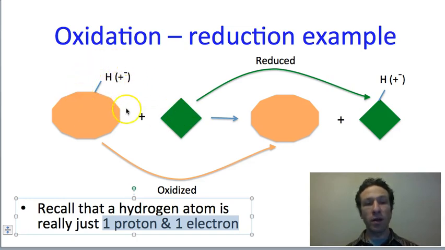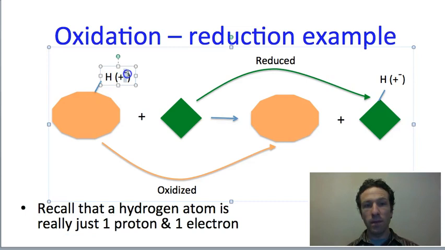So over here, you can see the attachment. And then when we look at the product side of this reaction, the hydrogen has now been lost from this many-sided shape, and it has become attached to this diamond shape. That means the many-sided shape has lost an electron, and therefore it has been oxidized.